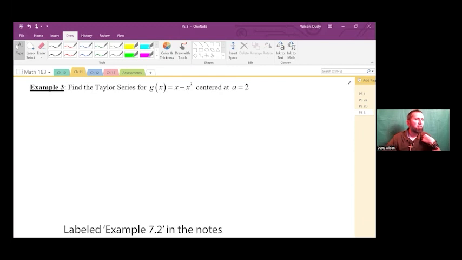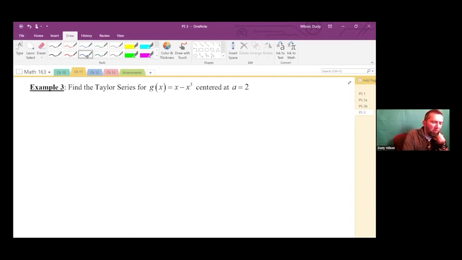Example 3. Find the Taylor series for g of x equal to x minus x cubed centered at a equals 2. So this question is going to begin like the last one. So we have g of x equals x minus x cubed.